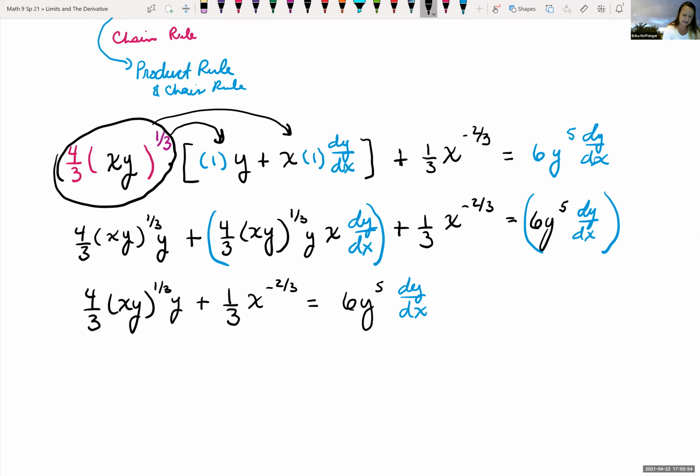And I'm subtracting, so minus, to get that all over to the other side, 4/3 (xy)^(1/3) yx dy/dx.